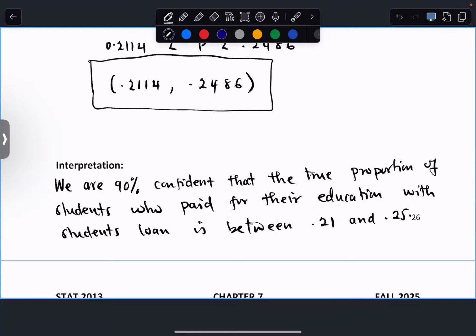Then you want to construct the confidence interval around that point estimate and you interpret, okay, if you're using 95% confidence, you say, we are 95% confident that the true proportion of students who eat from the student union is between 0.65 and 0.95.